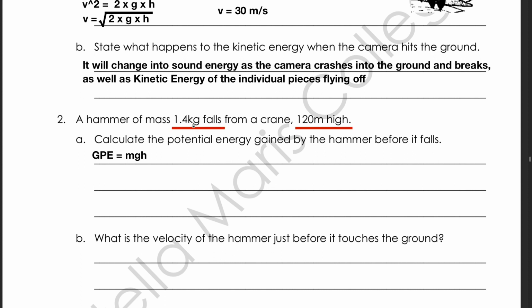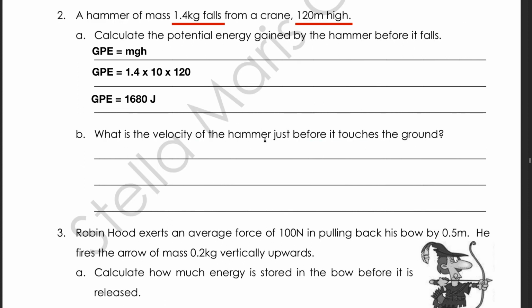So 1.4 kilograms for the mass, and the height is 120 meters. The gravity we know is 10. Putting in the values, we get GPE equals 1.4 times 10 times 120, and when we work that out, we get 1680 joules.